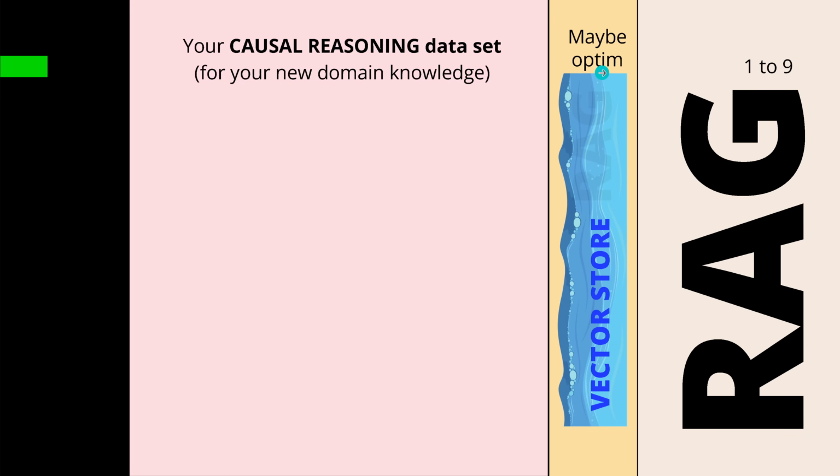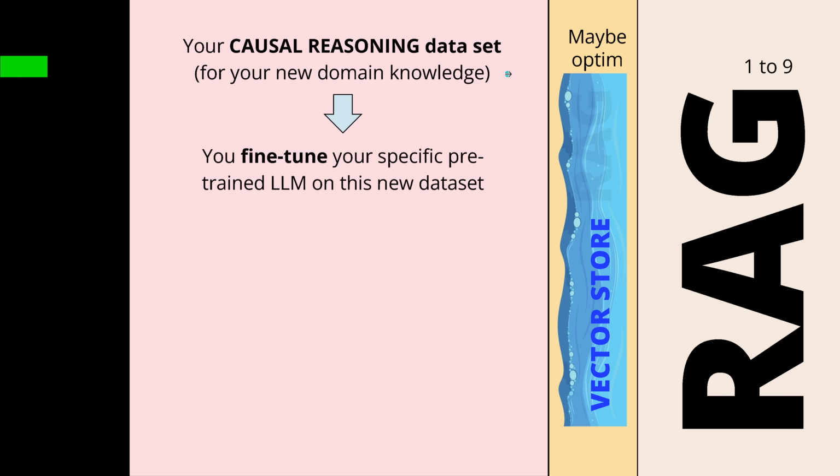Now you might argue, wait a minute. I have now the perfect causal reasoning domain-specific dataset. You know what I could do, like we did in the good old times? I could just fine-tune my open source LLM that I know on my specific data that I created here for my domain, and I fine-tune my LLM.